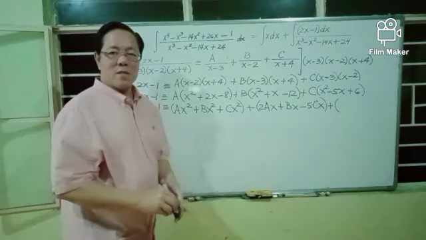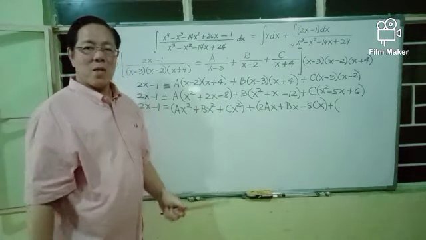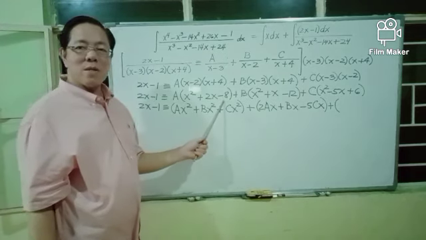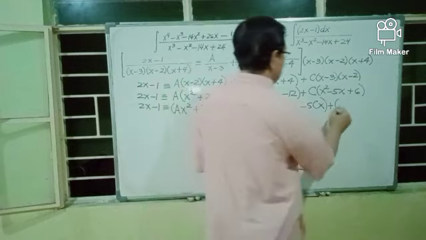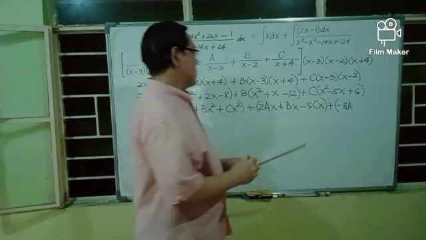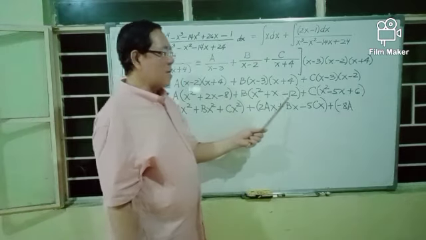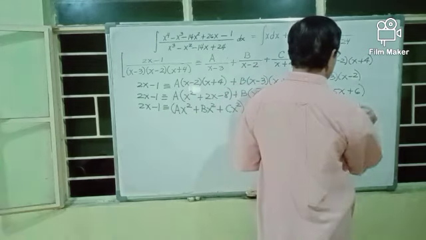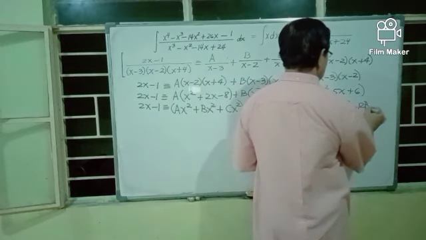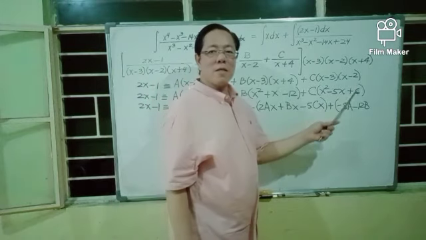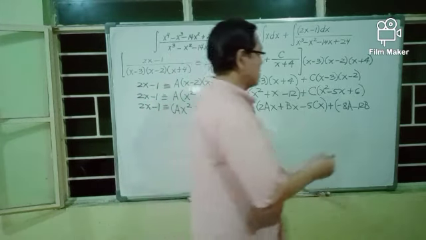And collect the constant terms, the terms without the variable x. We have a times minus 8 is minus 8a. We have b times negative 12 is negative 12b. And c times 6 is 6c.